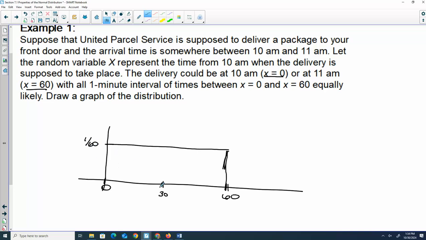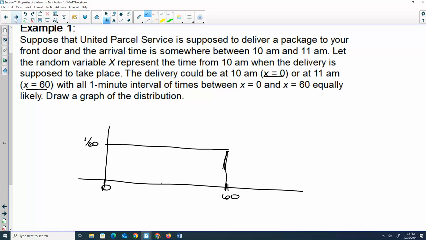It would become 1 out of 30, because now it's going to happen sometime in this 30-minute interval. Now the length of this is just 30, so the height becomes 1 out of 30, the probability. Does that make sense? If I said it was between 15 and 20 minutes, there's only a 5-minute window, so the probability anywhere would be 1/5. All right. So the height is just 1 out of the length of your interval.